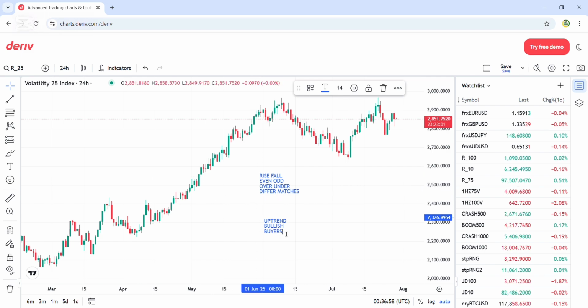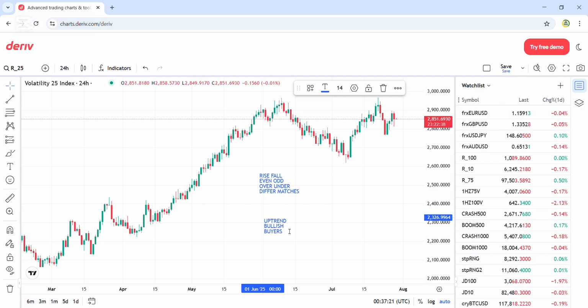Now bullish and bearish, uptrend and downtrend language is mostly used in forex and in cryptocurrency. So the language that we stick with is rise and fall. The green candle is a representation of the rise market.